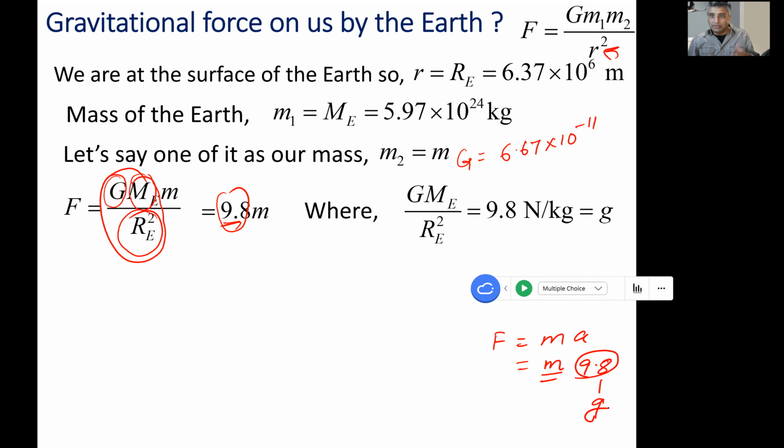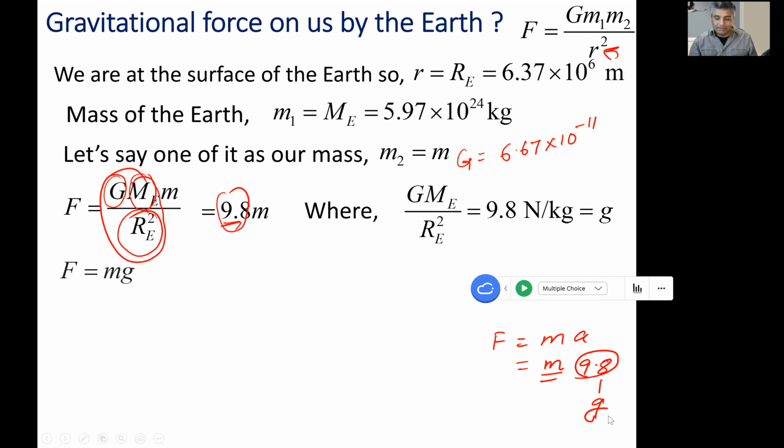The force between me and the moon is really, really small compared to the force between me and the earth. So yes, it's everywhere. Somewhere it's larger, somewhere it is smaller. Okay, thank you. I'm glad you asked.